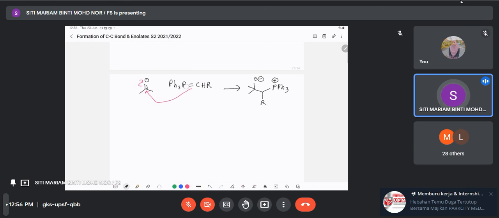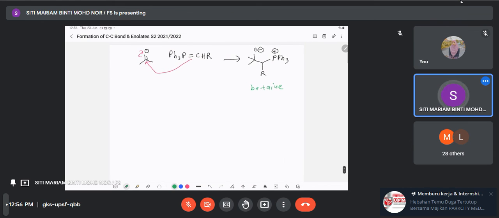Phosphorus with 5 covalent bonds is neutral, or phosphorus neutral with 3 covalent bonds. If phosphorus forms 4 covalent bonds, it carries a positive charge. So this is the process. What you get here, in the same structure, is O negative charge and phosphorus positive charge. This structure, we call it betaine.